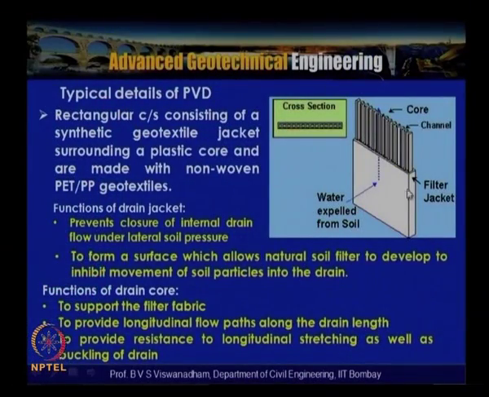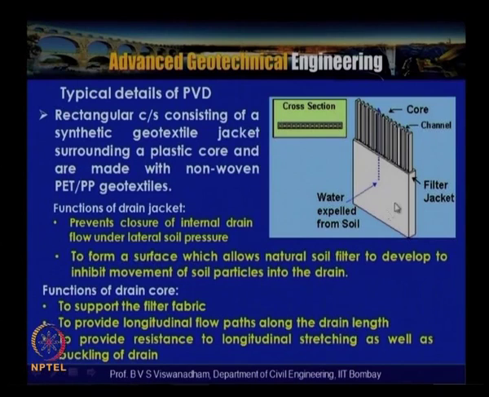When we look into the quality of these PVDs, we will understand that during the installations they have to sustain certain tensile stresses, otherwise the possibility is that the 100 mm width reduces to about 80 mm or 70 mm because of the necking formation which takes place.